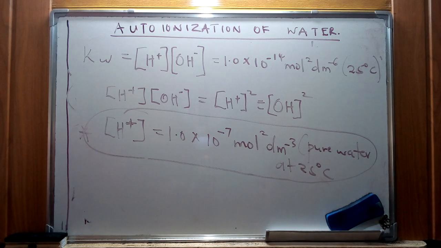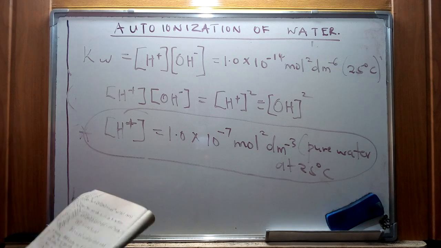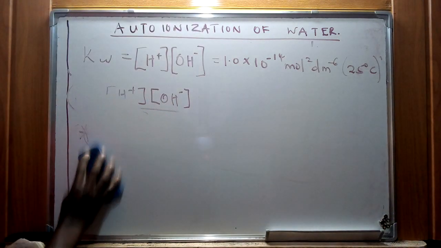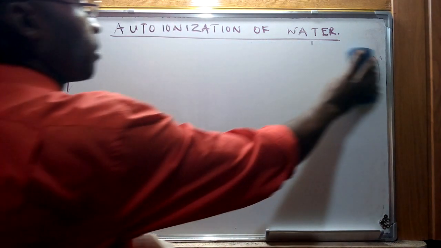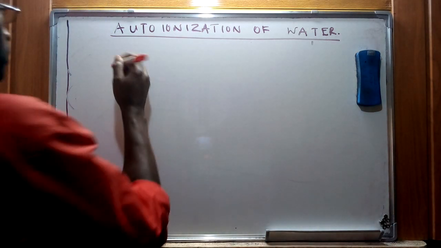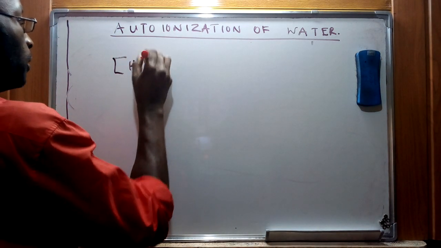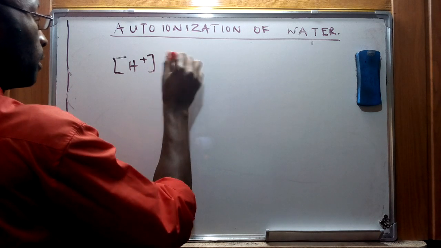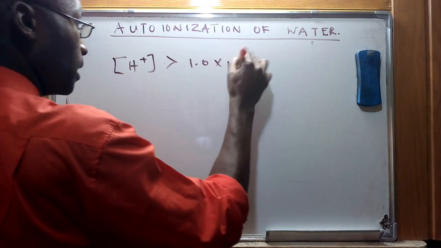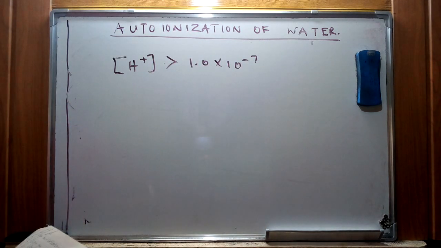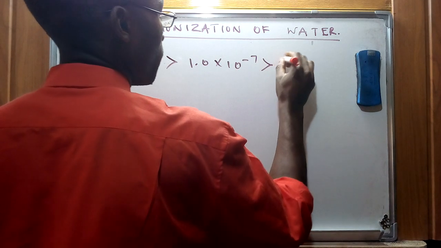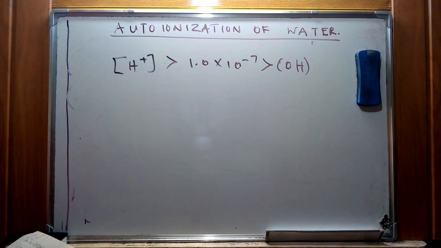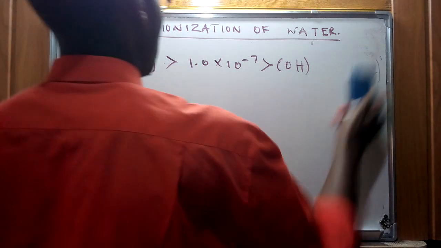So if we look at a few examples of this argument, we can conclude that if the concentration of H positive ions is greater than 1.0 times 10 negative 7, the solution is considered acidic.